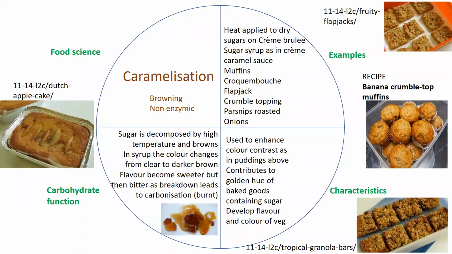Many European countries have their version of the ever popular creme brulee or creme caramel, simply based on eggs, milk, cream and sugar. Sometimes in food preparation and cooking, the function of caramelization is brought about through mixtures of ingredients, as in cakes, biscuits, flapjack or granola bars.